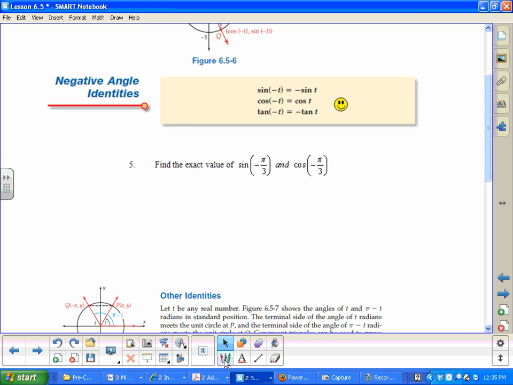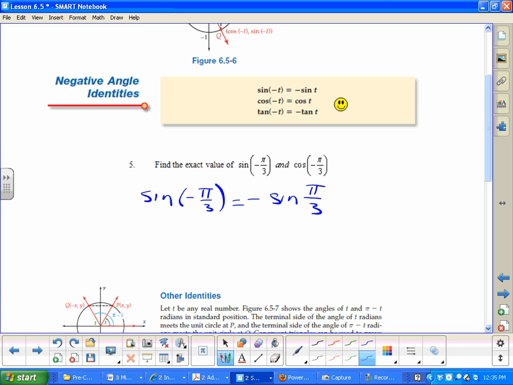So according to that, the sine of negative pi over 3 is equal to the negative sine of pi over 3. So if it says sine of a negative angle, then I just take the opposite of sine of that positive angle.